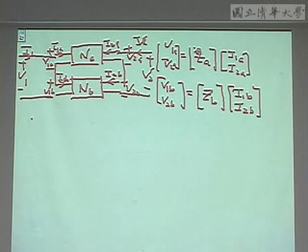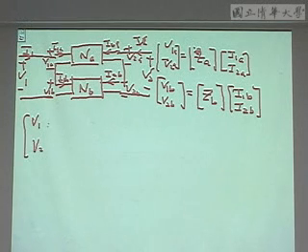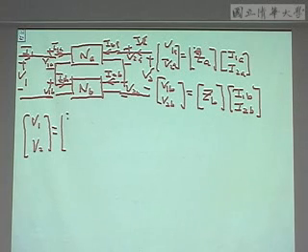So according to the definition of Z parameter, you can see V1, V2 equal to this voltage V1A plus V1B.